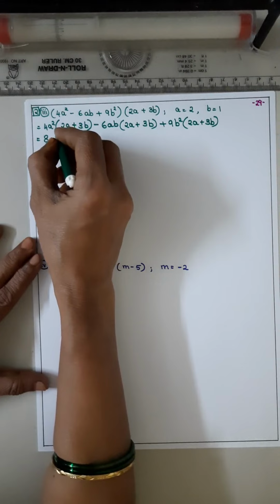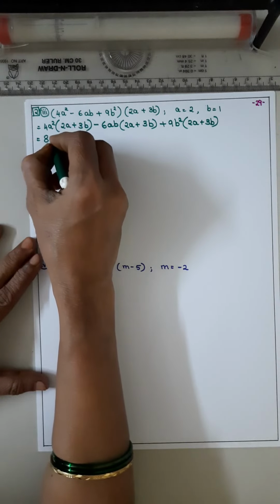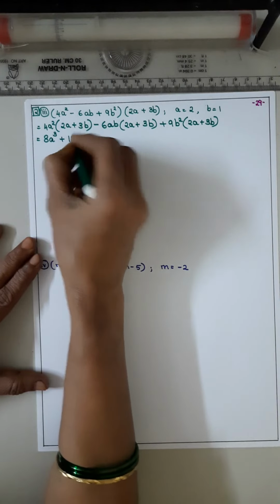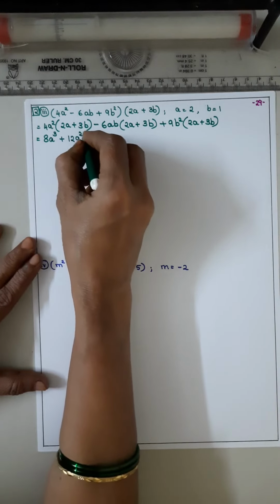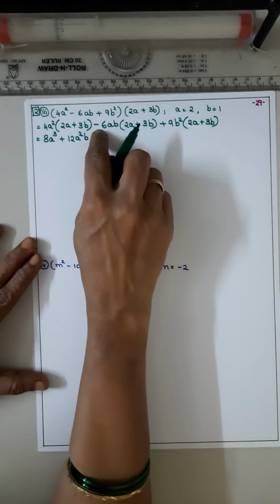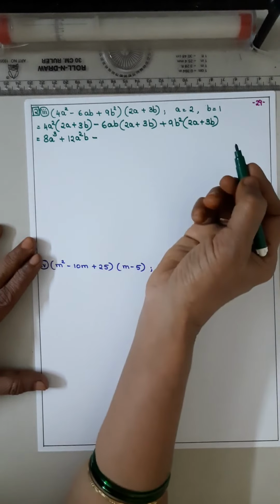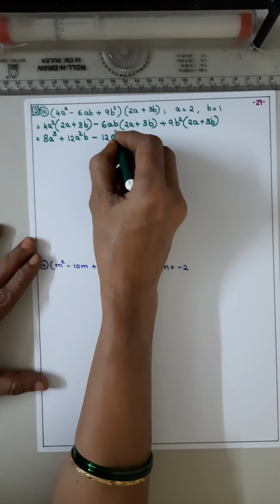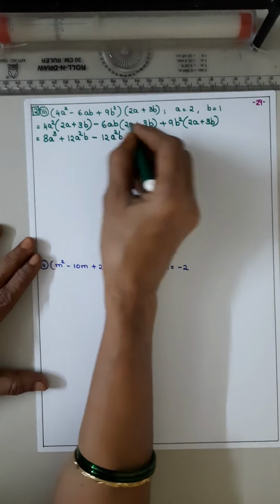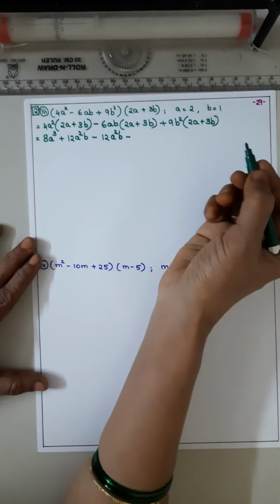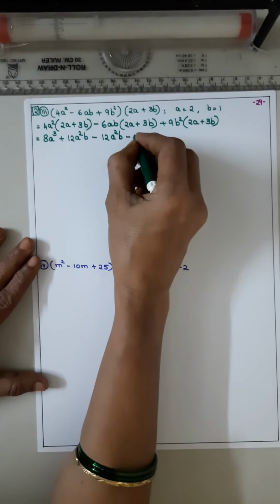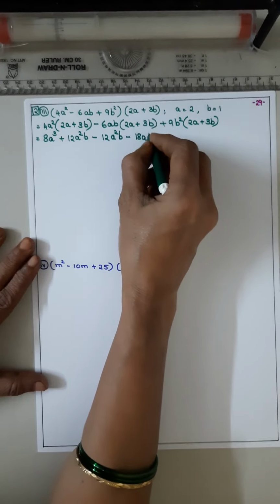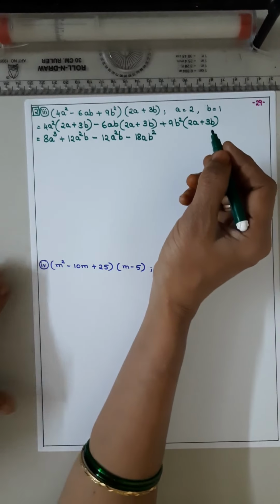a squared a means a 3 times, plus 4 3s are 12. Now it is a squared b. Now minus times plus is minus, 6 2s are 12, a squared b. Minus, 6 3s are 18, a and b means a b squared.